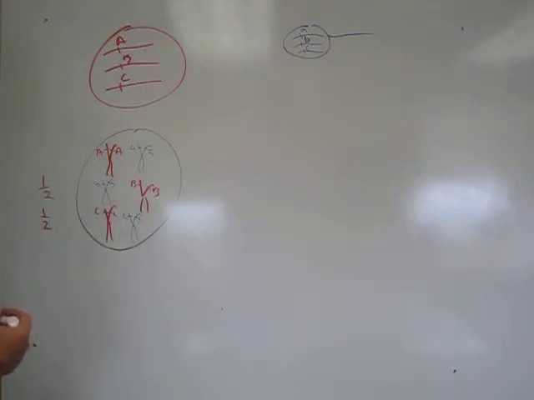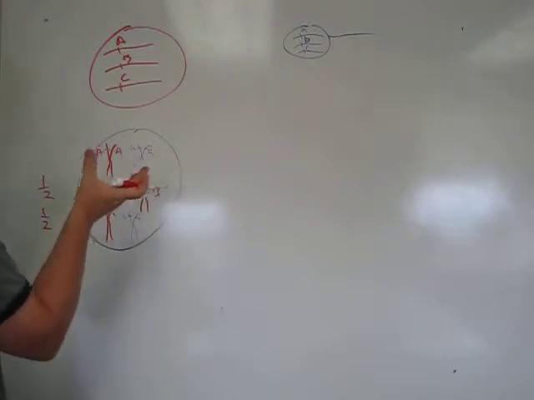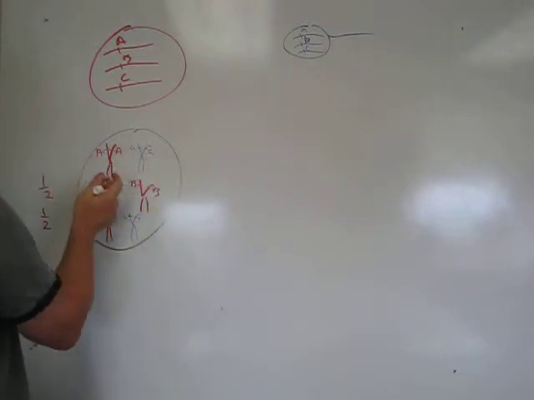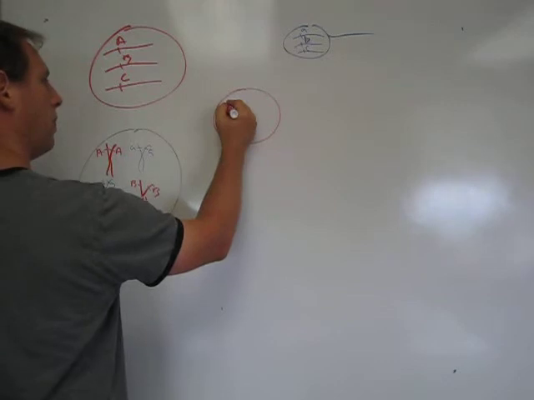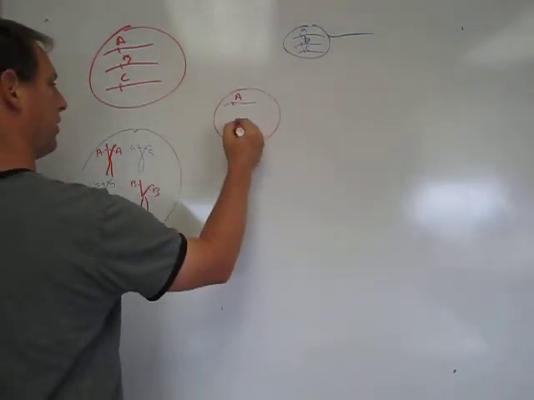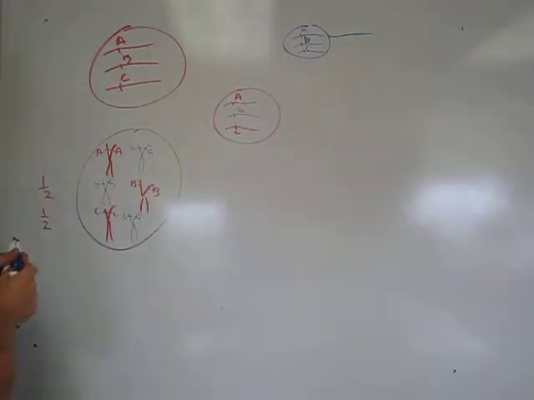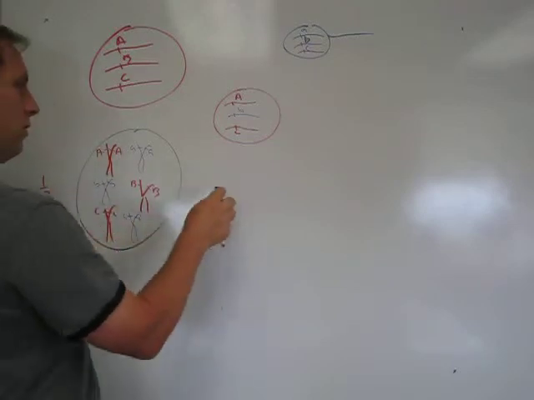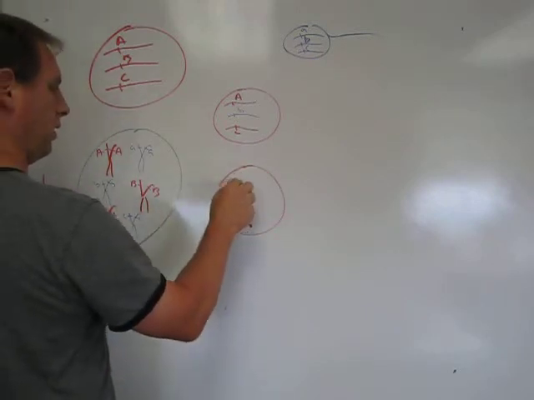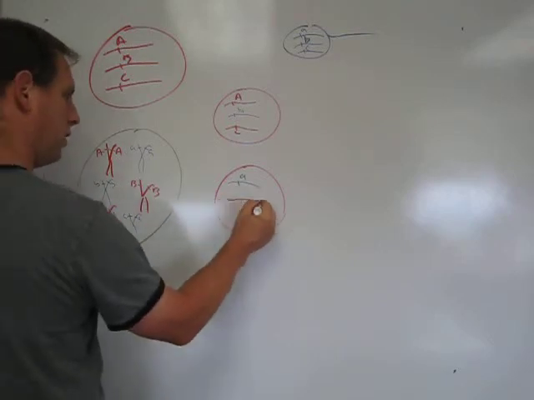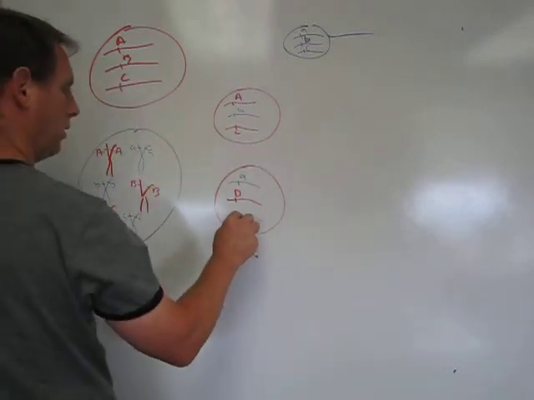So, let's calculate the probabilities of these types of arrangements. Well, if this type of arrangement were to occur, then you would definitely get either a gamete like this, big A and big C together with little b, or you would get the other corresponding gamete, which would be little a, big B, and little c.